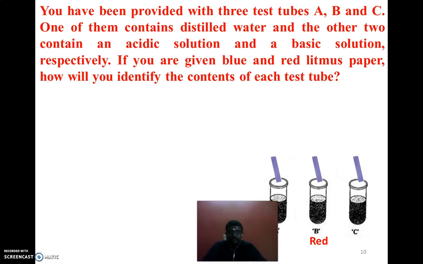Just consider the 3 test tubes: one of them is distilled water, and of the other 2, one is an acidic solution and another is a basic solution.